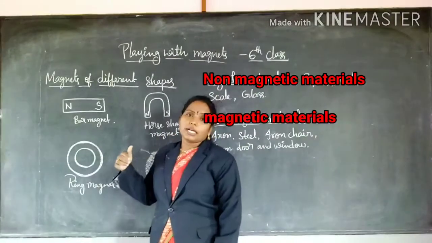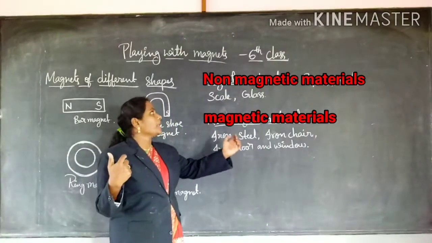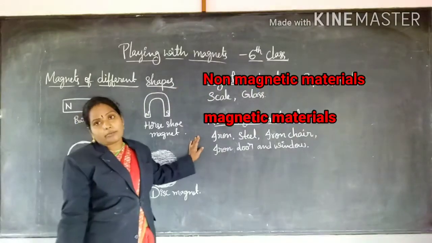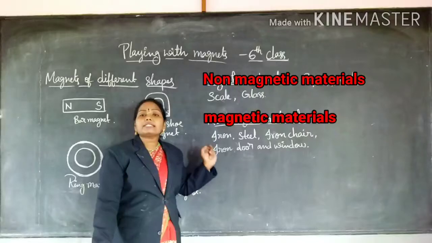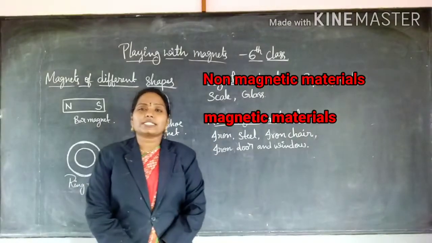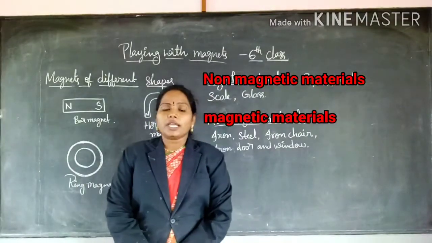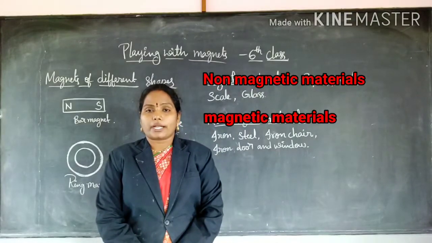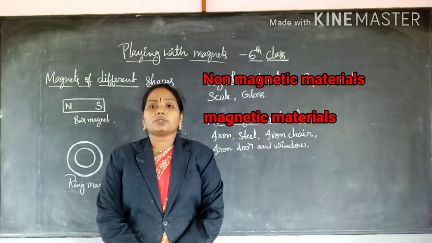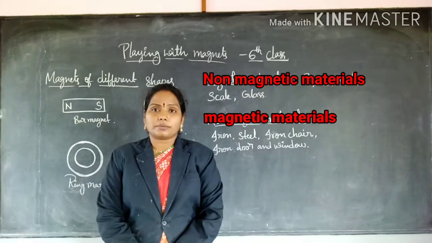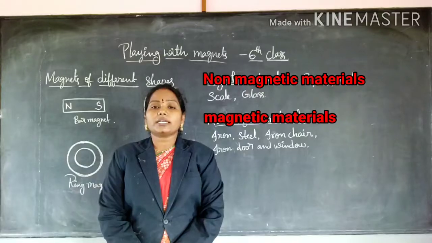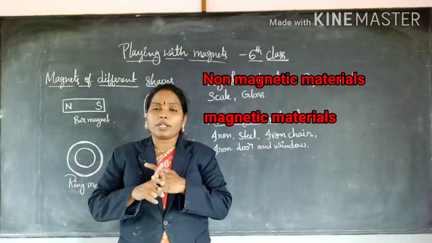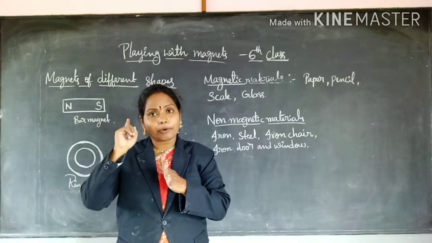Now let us learn another topic. What are magnetic materials and what are non-magnetic materials? Magnetic materials, we already discussed at the start of the topic. Some materials stuck to the pin holder, attached to the pin holder. What are they? Iron nail, iron pin, iron safety pin, iron hair clip, iron plate.